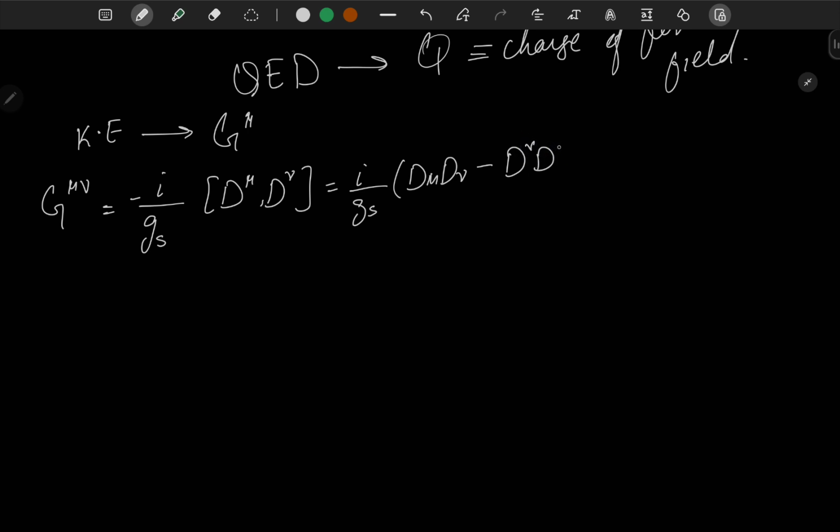Okay, we have this, so we need this and this. So first I'm going to write the equation for these two things right here, and then I'm going to put them in this commutator in order to get a kinetic energy term. So yeah, let's start.